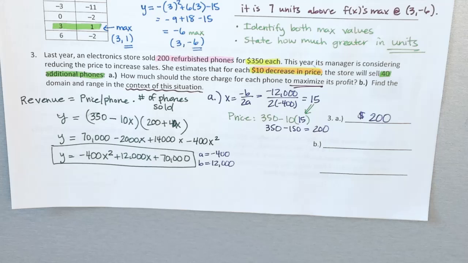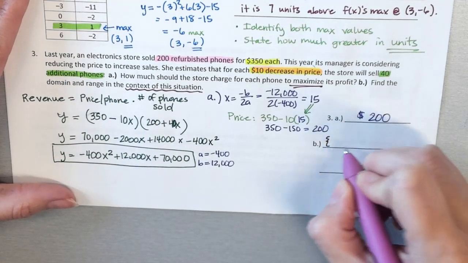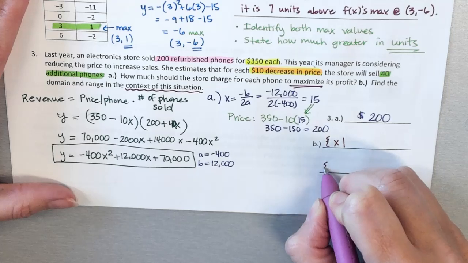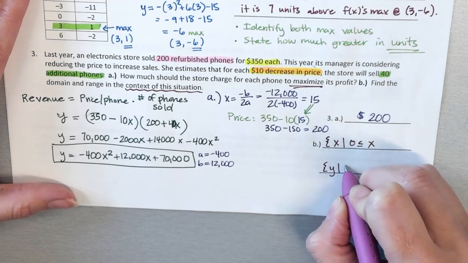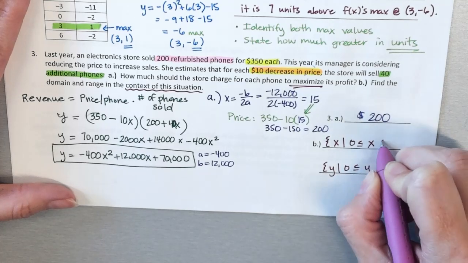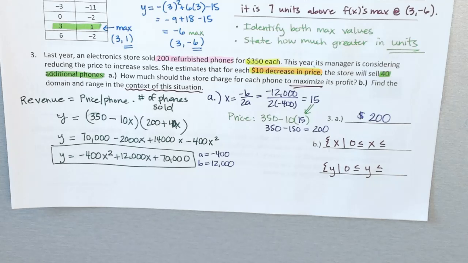Okay, and then for part B, it says find the domain and range in context. So with the price and the number of phones sold, we know that they can't be what type of values? Negative. So if you want to start both of these like this, you can. All we have to do now is find what our upper bounds are.